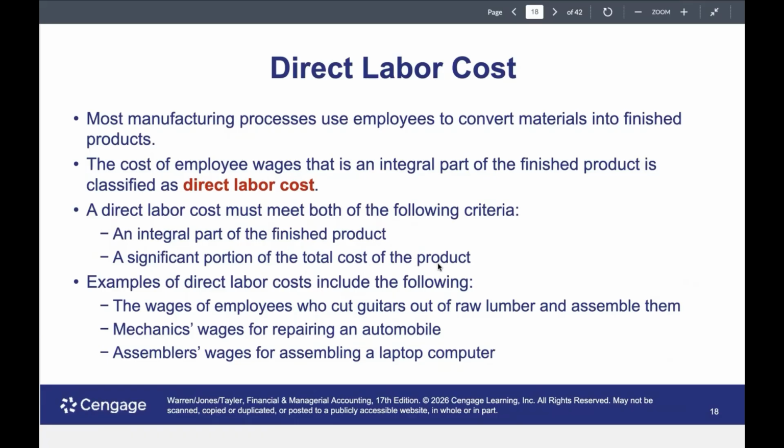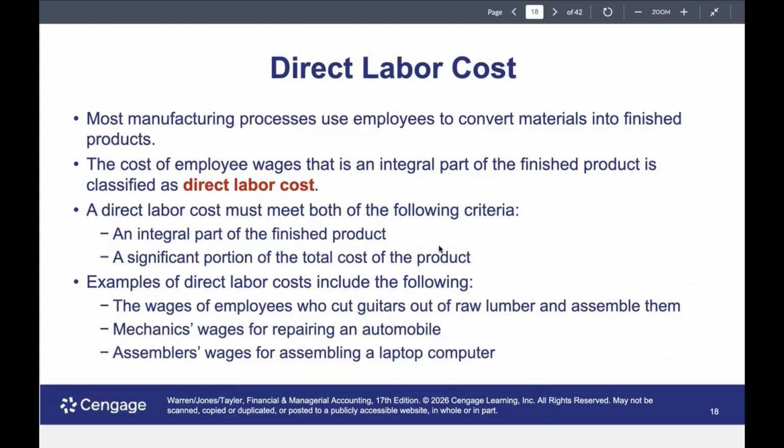Okay. So direct material and direct labor are your direct costs. Examples of direct labor costs would be the wages of employees who cut guitars out of raw lumber and assemble them. Another example of direct labor is mechanics' wages for repairing an automobile. And another example would be assemblers' wages for assembling a laptop computer.